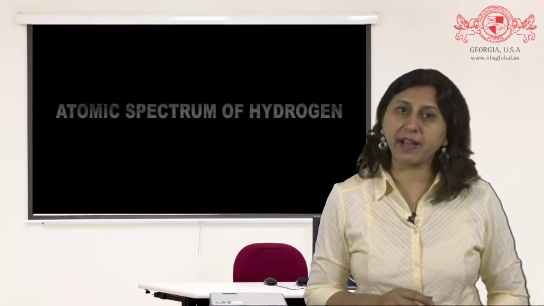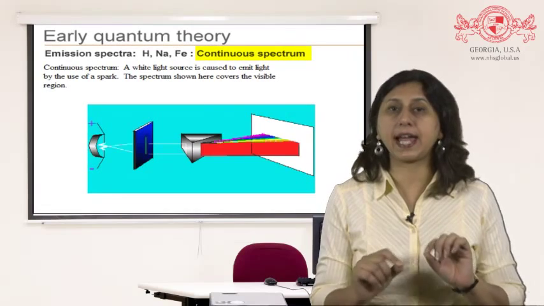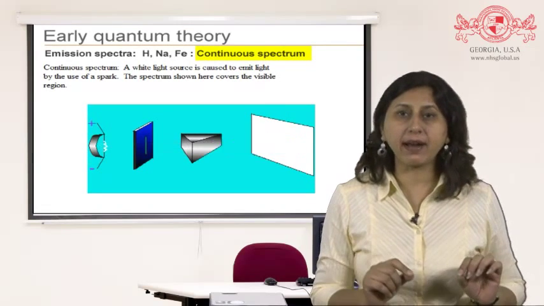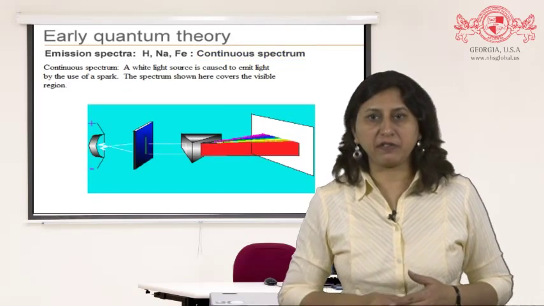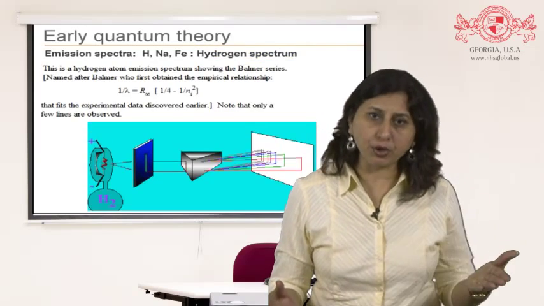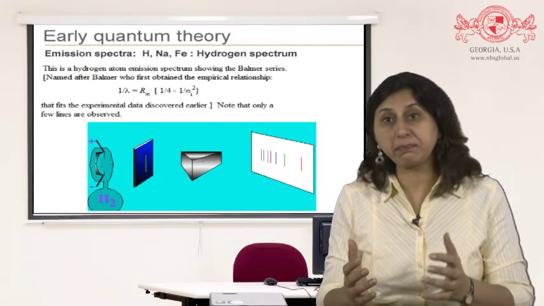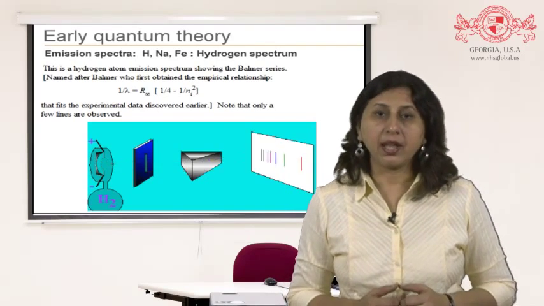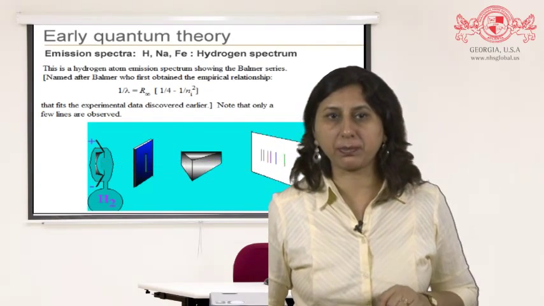Atomic spectrum of hydrogen. Each element gives a characteristic line spectrum, the lines arising from electron transitions within the atom. With one electron and one proton, hydrogen is the simplest element and gives the simplest line spectrum. There are actually three series of lines in the hydrogen spectrum.